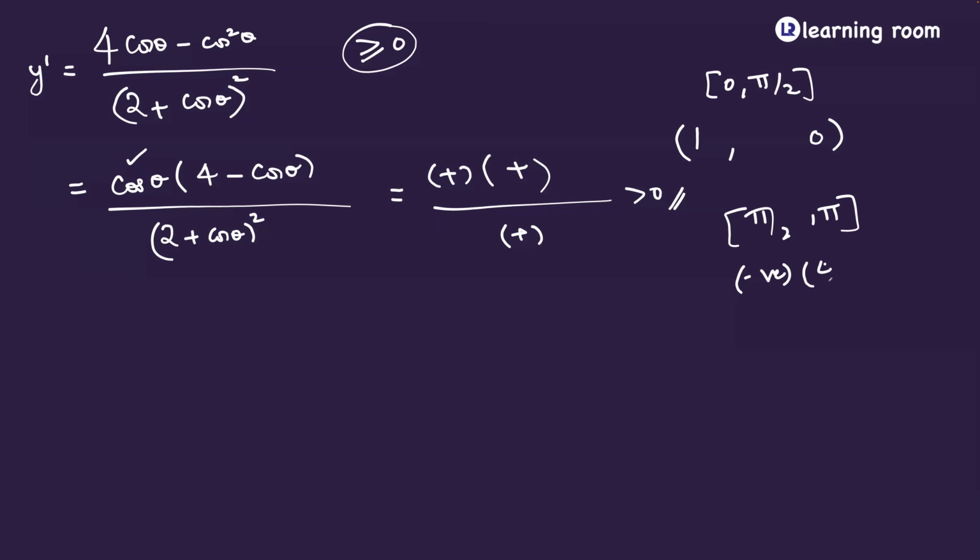Similarly, 4 minus cos theta would have been positive only, because the least value of cos theta would have been -1, divided by positive. So in this interval, negative into positive by positive, it is decreasing. Okay, understood? Yes sir.